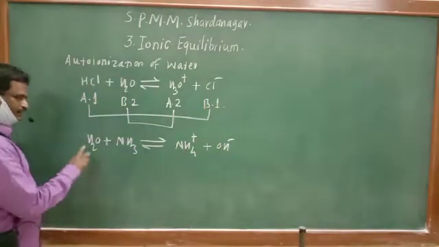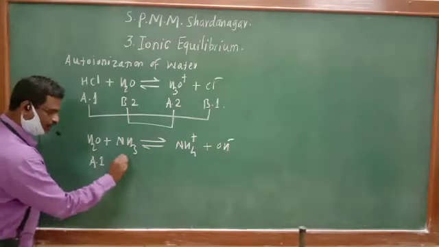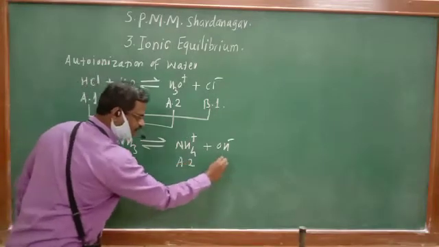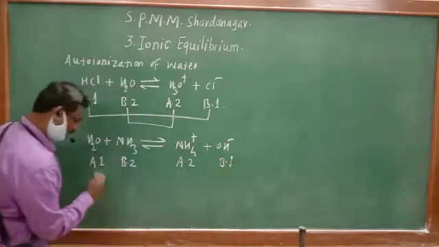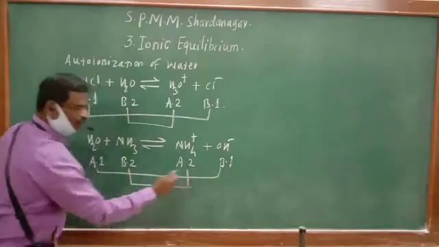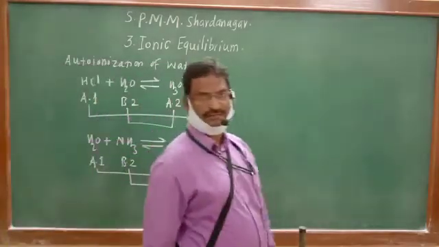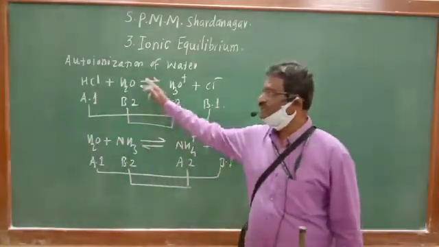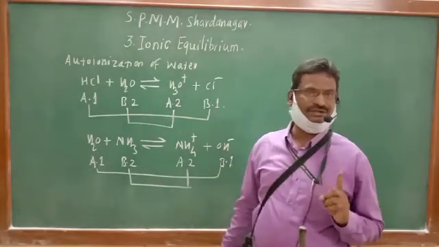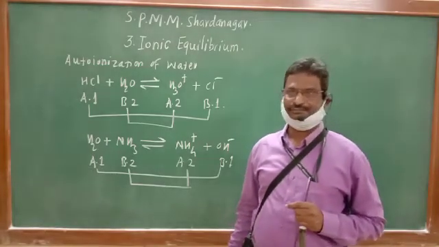Since this is the proton donor, it is known as acid. Proton acceptor, so it is a base. Again, acid 1 and base 1, base 2 and acid 2 are conjugate acid base pairs. This part is important, and we have already studied it while studying the Lowry and Bronsted theory.